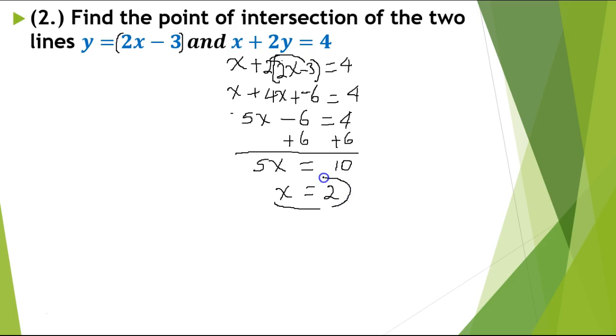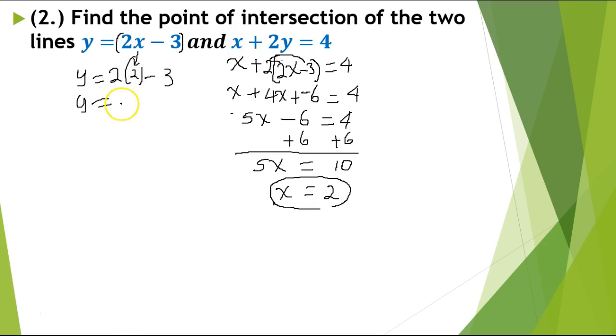So this is x. To find y, and again y is already solved for, we just substitute 2 for x in here. So that's 2 times 2 minus 3.